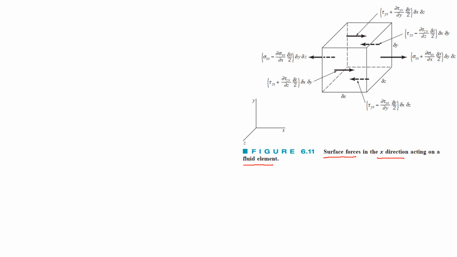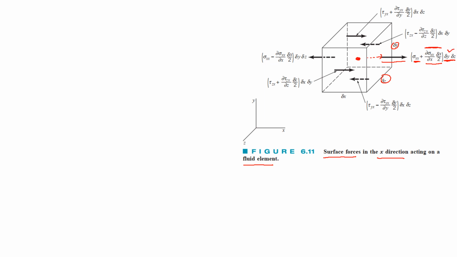So these forces are all in the x direction, and as you can see there are two normal stresses. This is the normal stress and its gradient. This is the normal stress that was at the center of this cube, and as we move from this center to this face, this is how the stress will change. This is the gradient of this stress multiplied by the area of this plane, that is y, z, as represented right here.